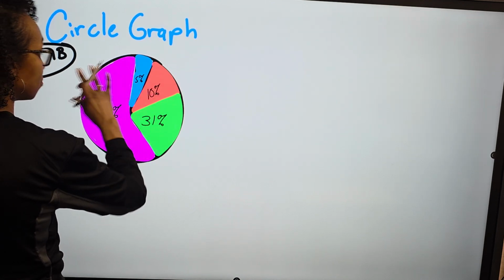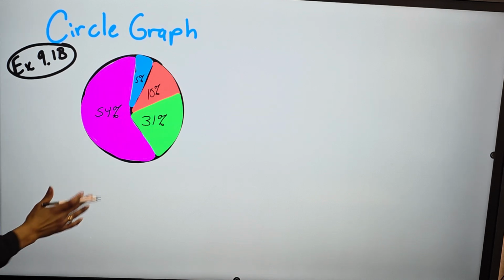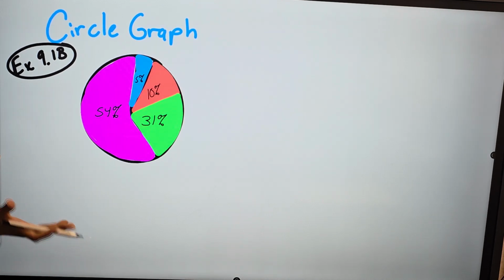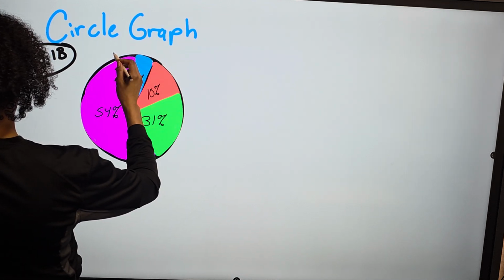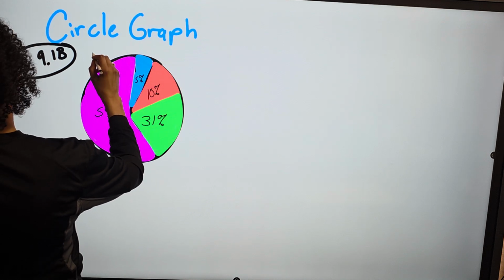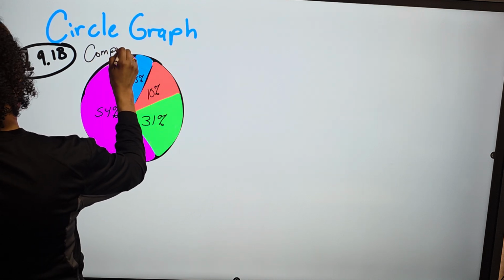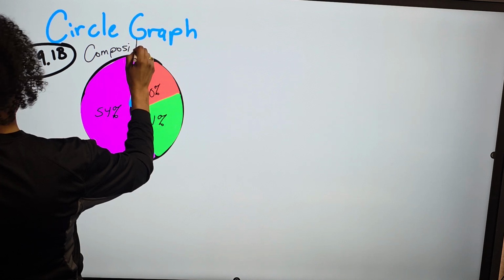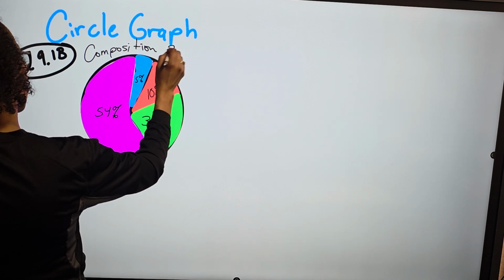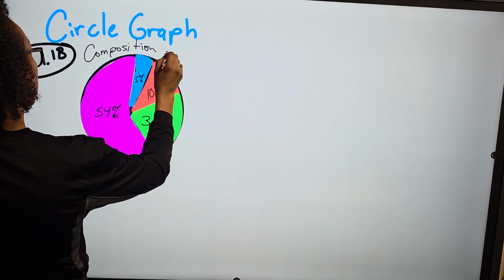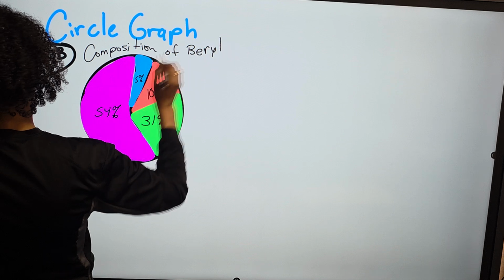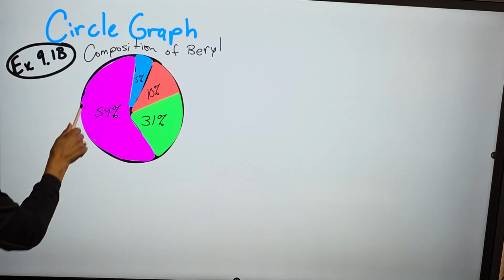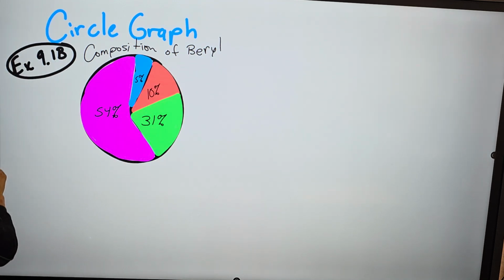Now, just having this graph with the numbers on it, I don't know what it's about. I have no idea what I'm looking at. I have to have a title. And this one, the title is Composition of Beryl. Okay, and then we're told what the colors represent.